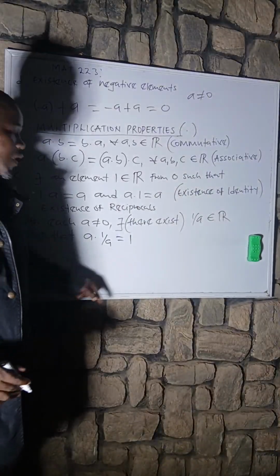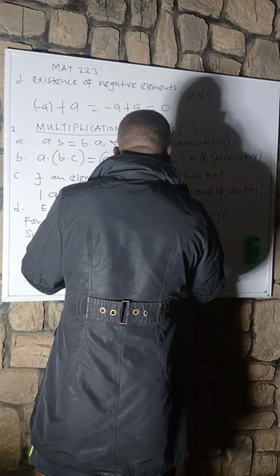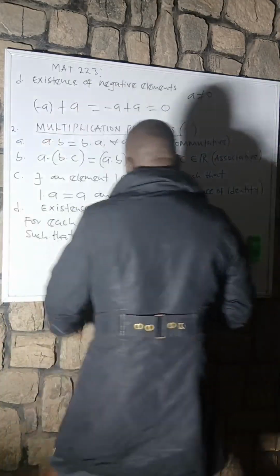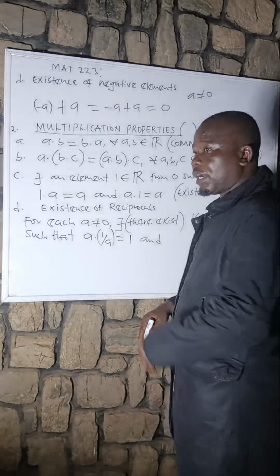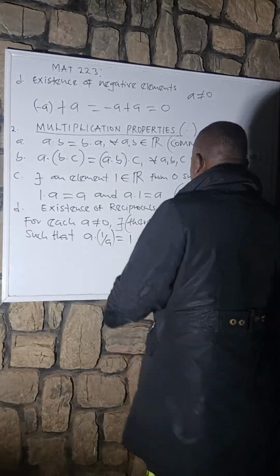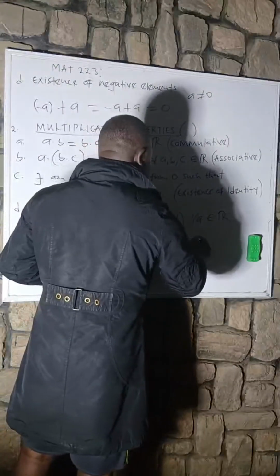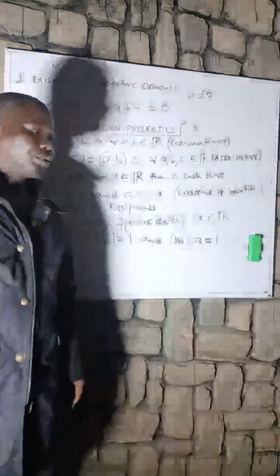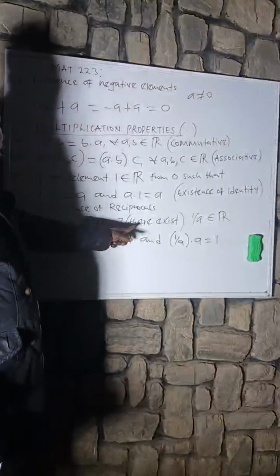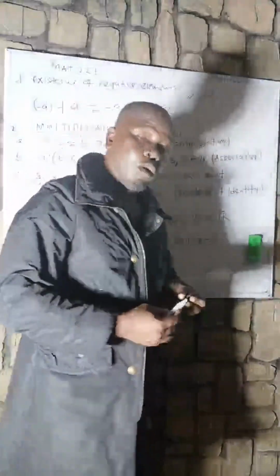True or false? And likewise, if we apply it from the left, that is, 1 all over A dot A is equal to 1. So this is the existence of the reciprocal law.